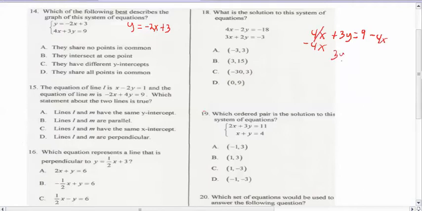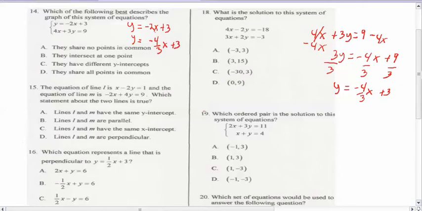I have 3y is equal to negative 4x plus 9. Divide by 3, divide by 3, divide by 3. So I have y is equal to negative 4 over 3x plus 3.